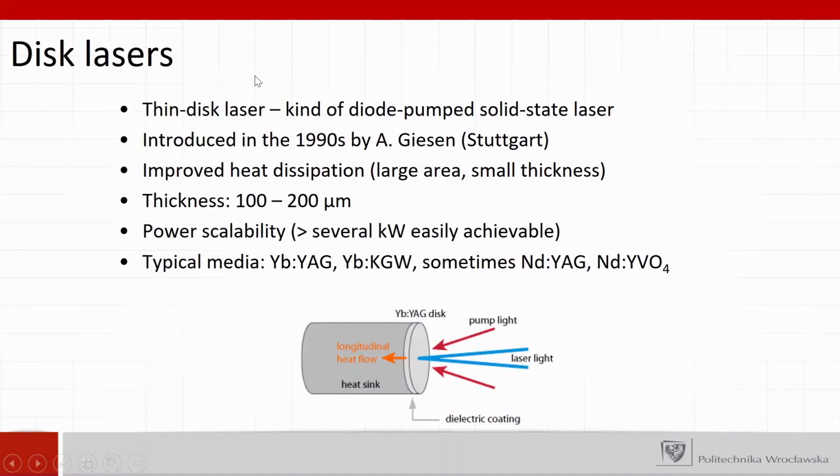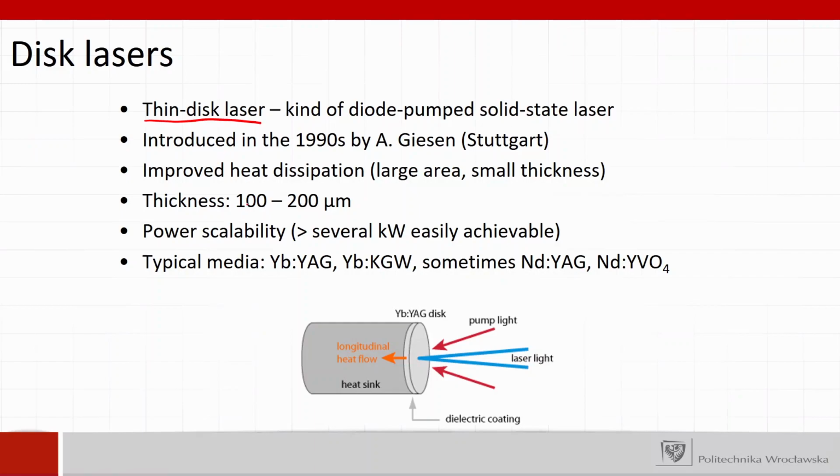Okay, so the final type of lasers for today are disk lasers. So disk lasers are kind of a modification of solid state lasers. So the active medium is formed as a very thin disk.